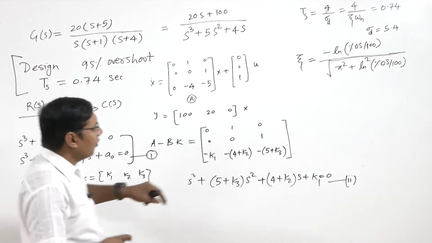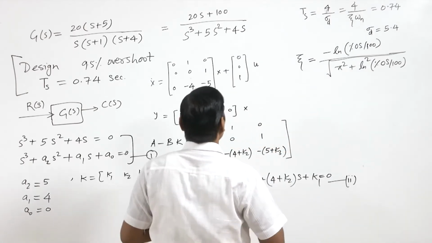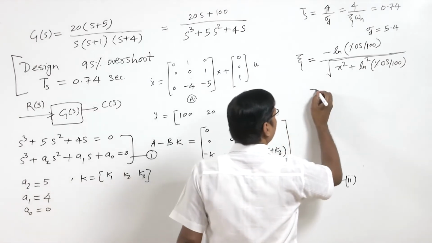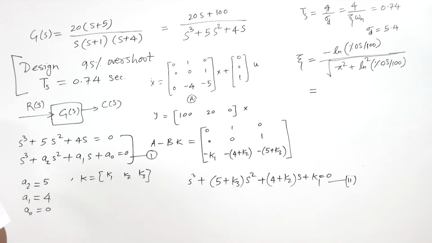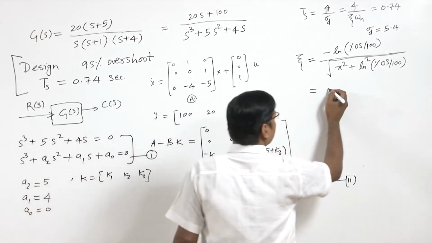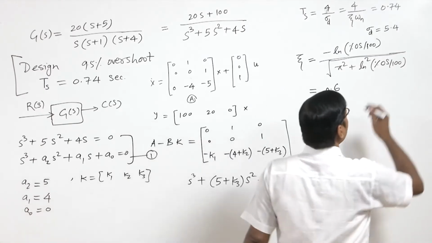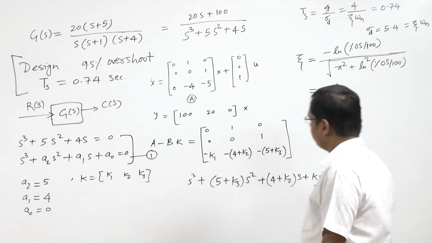If we are given percent overshoot, we can find the damping from here, and with percent overshoot 9.5 we get the value of damping equal to 0.6.